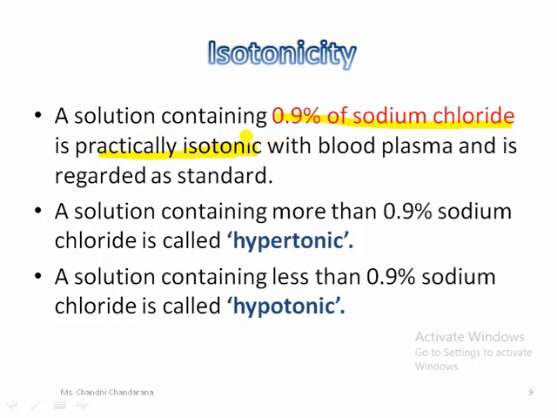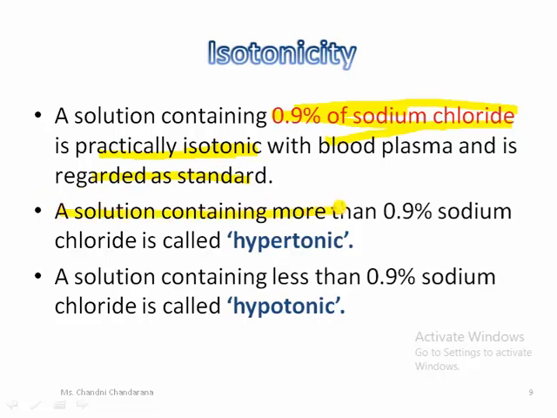Here we are looking at what an isotonic solution is. Which solution is isotonic with blood plasma? 0.9% NaCl is practically isotonic with blood plasma and it's regarded as a standard. So when we are preparing parenteral preparations, we should maintain this percentage of sodium chloride in our preparation.